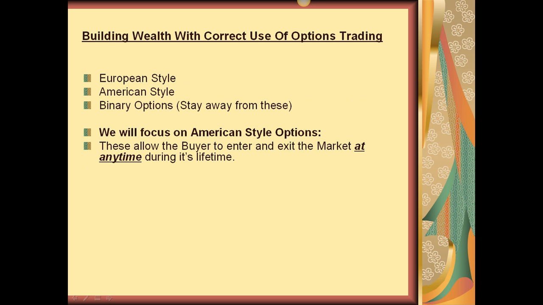The options we are looking at in essence fall into three categories or three types. These options are either European style or American style. And from these two hybrids, you will also see many binary options. The binary options may also be of the type where it is either one touch or a barrier option or just straight options.